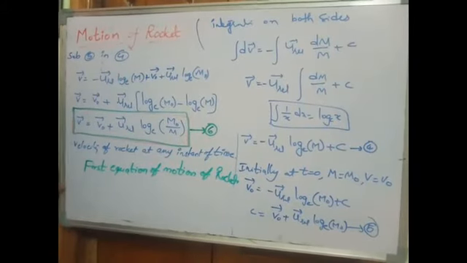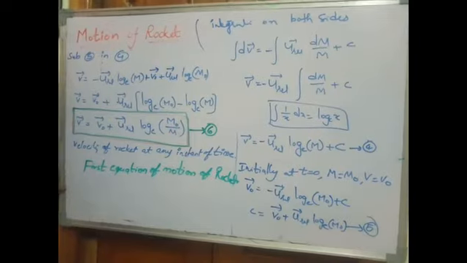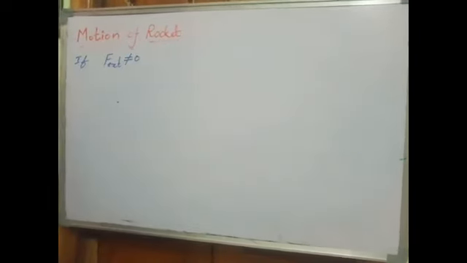Assume this is equation number 6. Now the case is that external force is acting on the rocket, that means F external is not equal to 0. Let us see what happened in this case.